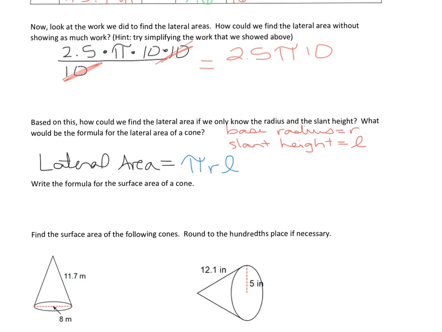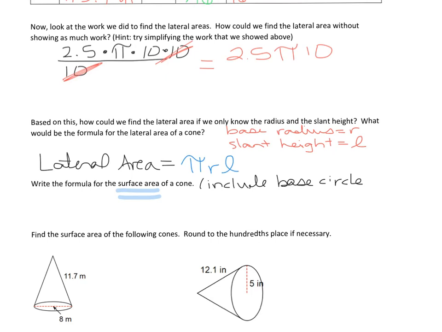Now, that next question says, okay, write the formula for the surface area of a cone. We've just talked about the lateral area. Again, lateral area is just the part that you hold, like the actual waffle cone of an ice cream cone. But what we also need to include is the base circle.